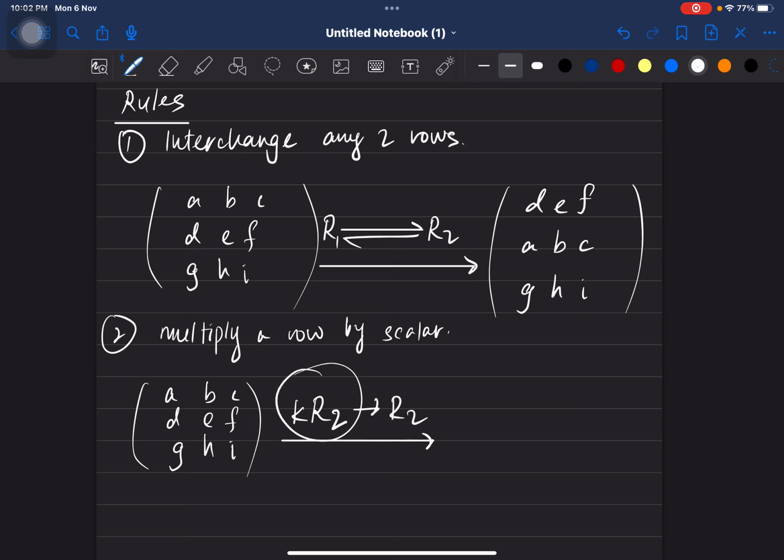It means we multiply row 2 by k. Then row 1 and row 3, nothing happens, just row 2 is all multiplied by k. So originally DEF, now it's D multiplied by k, E multiplied by k, and F multiplied by k.